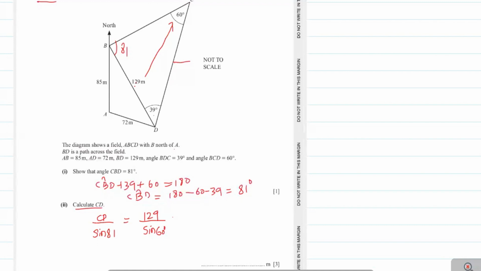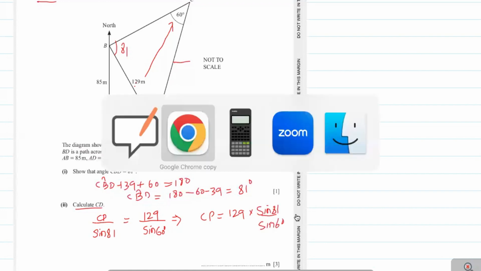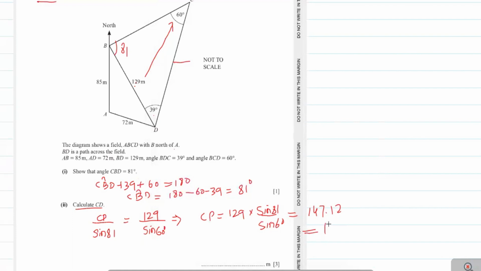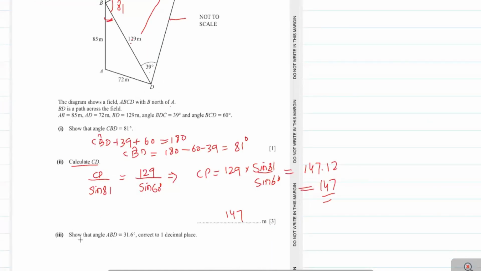And therefore, we can write CD will be equal to 129 multiplied by sine 81 over sine 60. We can calculate this value, and this is 147.12, and we can write in 3SF 147. This is the answer.